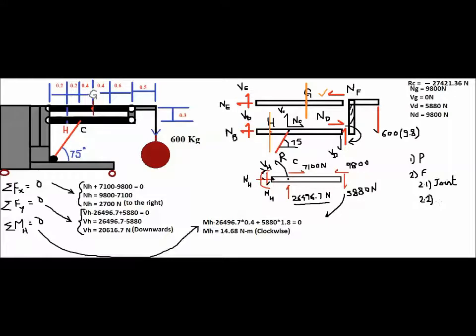Sometimes, since these are very practical examples, there could be situations in which you might have some intuition by experience. Also, you can find out the reaction if you put yourself in place of joints, and you can imagine, okay, what are the ways I'll have to pull or push in order to keep the component at equilibrium.